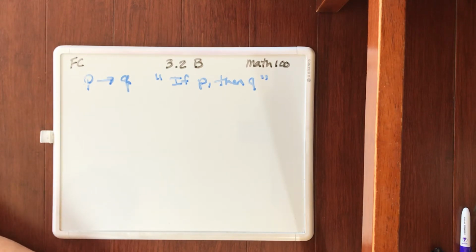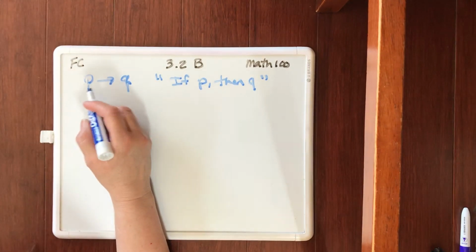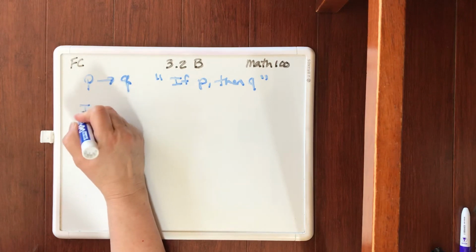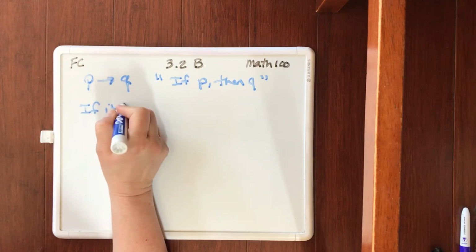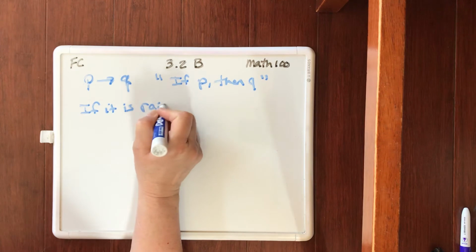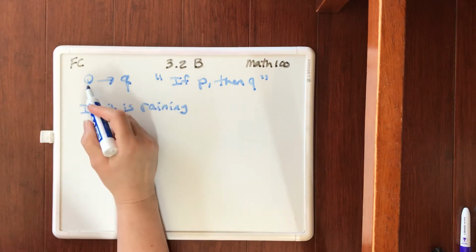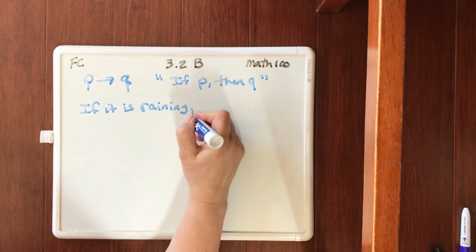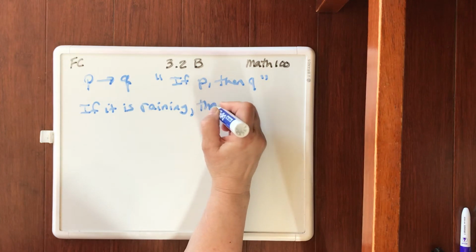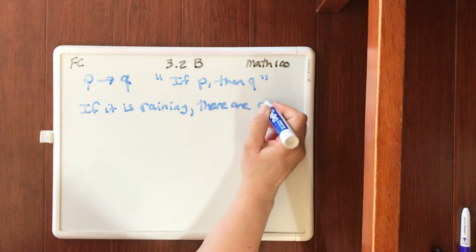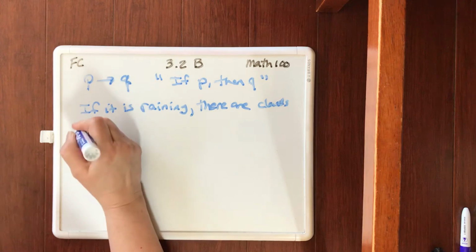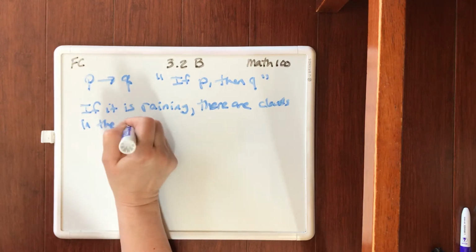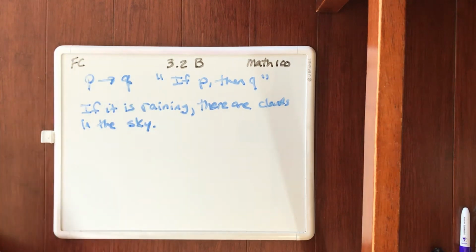It is raining, there are clouds in the sky. So we would write, if it is raining, then there are clouds in the sky. Okay?